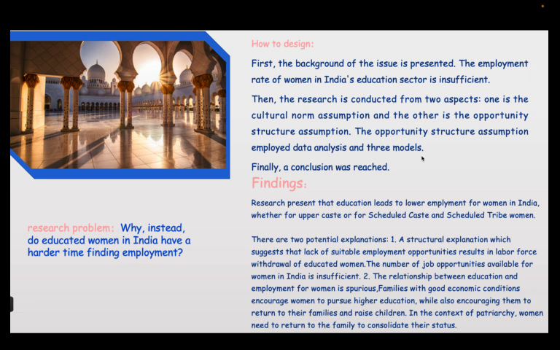The number of job opportunities available for women in India is insufficient, and the relationship between education and employment for women is spurious, and families with good economic conditions encourage women to pursue higher education while also encouraging them to return to their family and raise children.